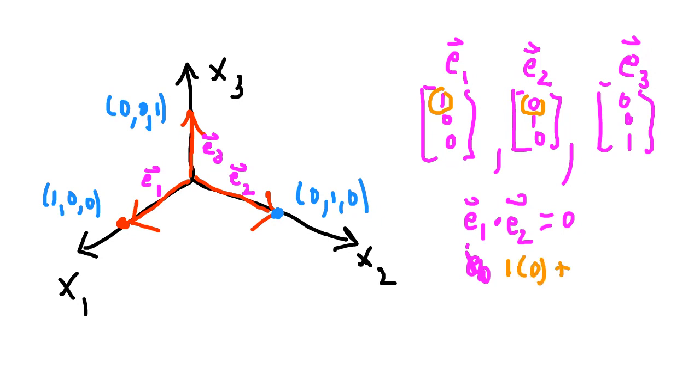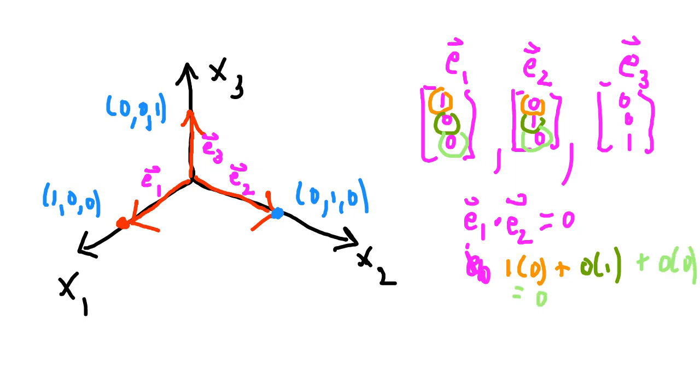Take the second components of the vectors, multiply them, and add. Then take the third components, because these vectors live in R3, multiply and add, and you get 0.